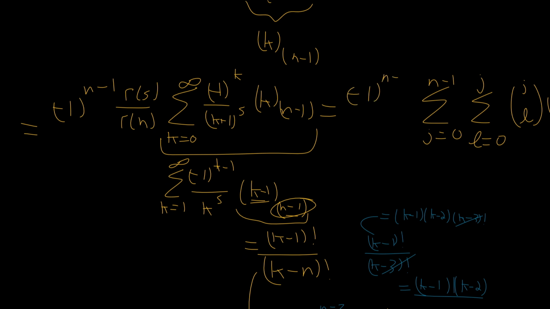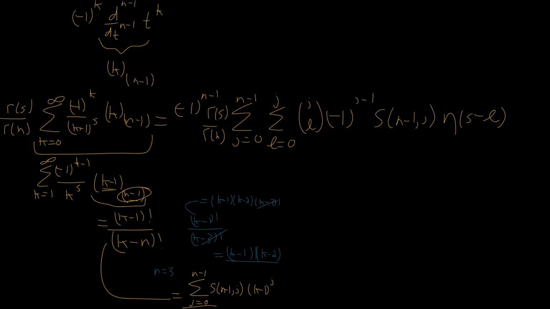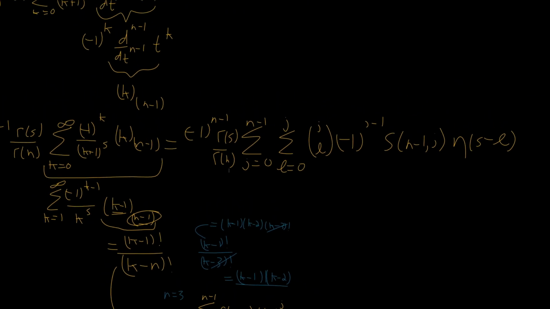We just have to throw in our -1 to the n minus 1, our gamma of s over gamma of n. And that right there, ladies and gentlemen, is the answer with Stirling numbers and everything else.